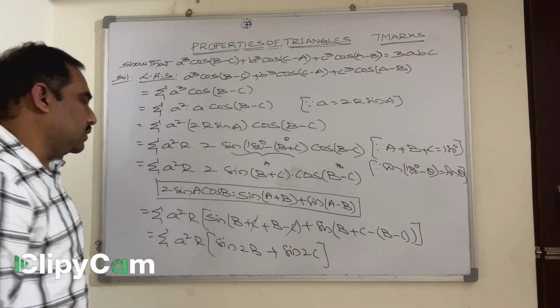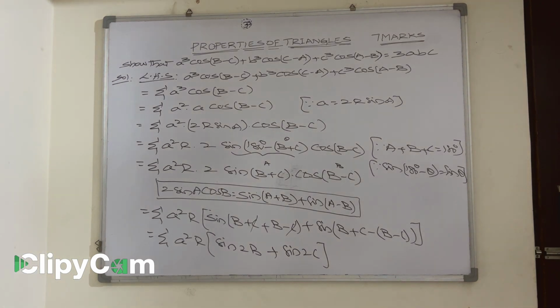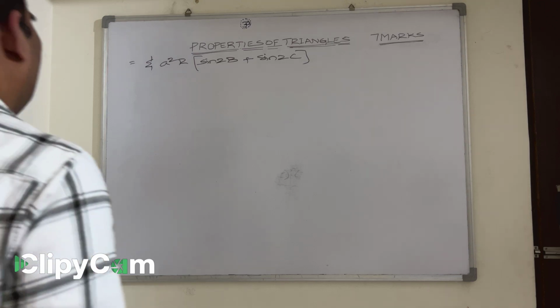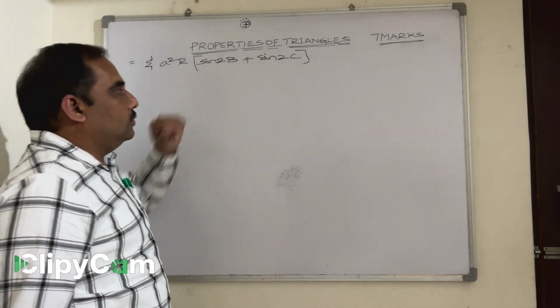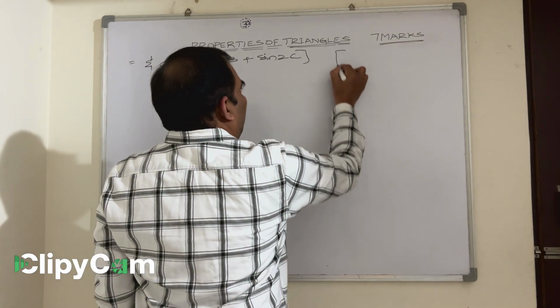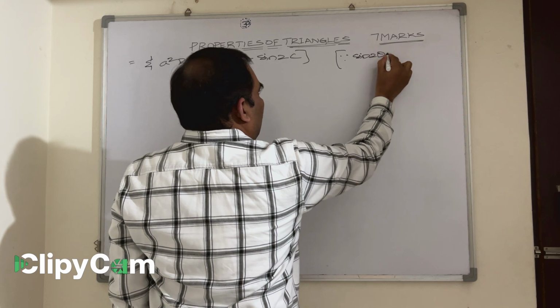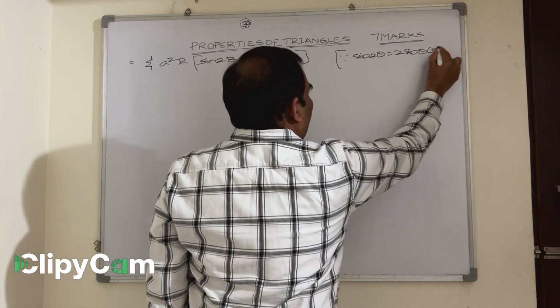So further it is in the form of sine 2 theta, so we can continue. Here sigma a square r (sine 2b plus sine 2c), where sine 2 theta is 2 sine theta cos theta.